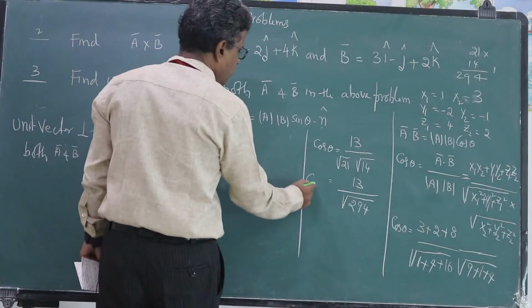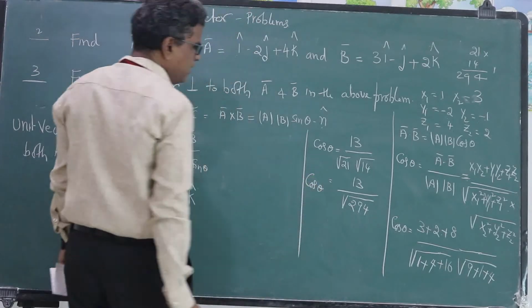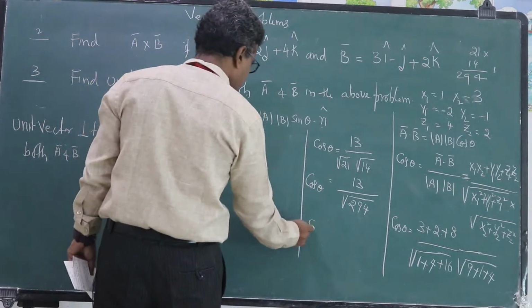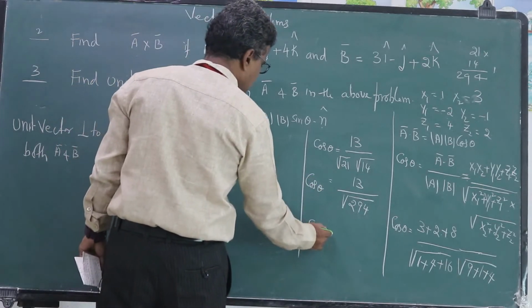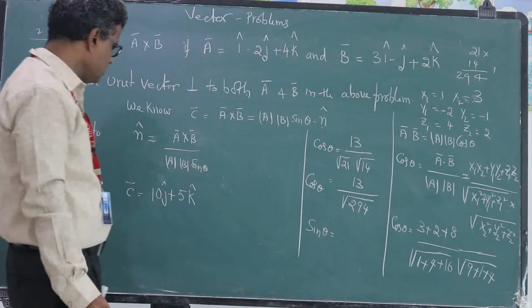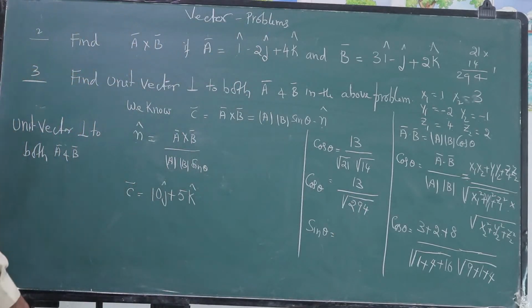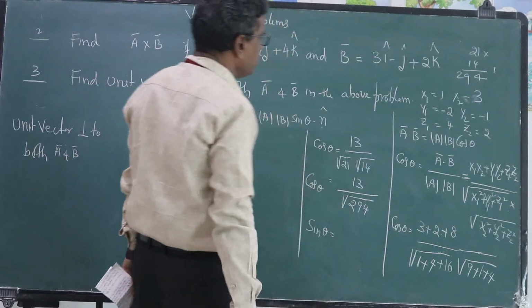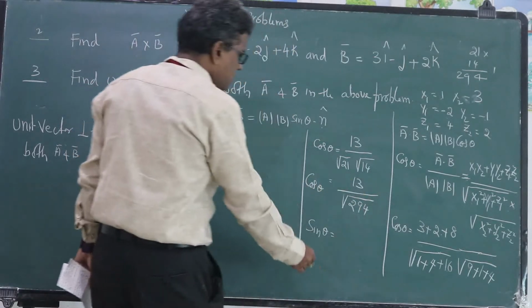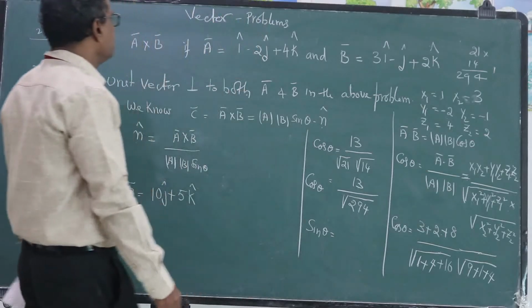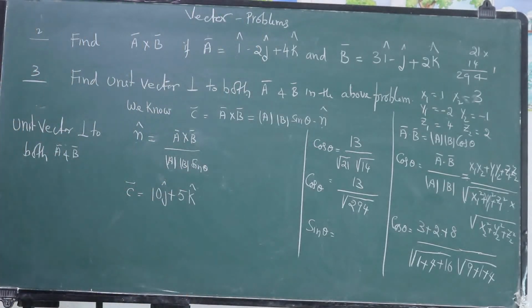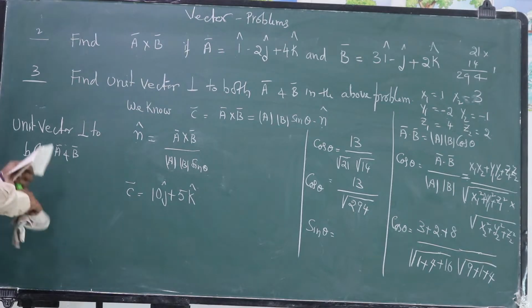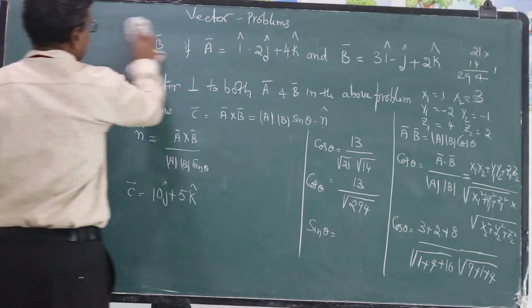So if you know cos theta, you can calculate the sin theta value. How can we calculate it? Once you know the cos theta value, you can calculate sin theta. I need this board, unit vector. I am erasing here.